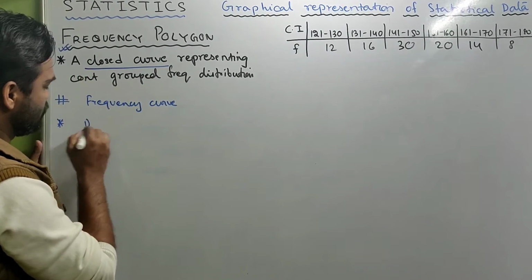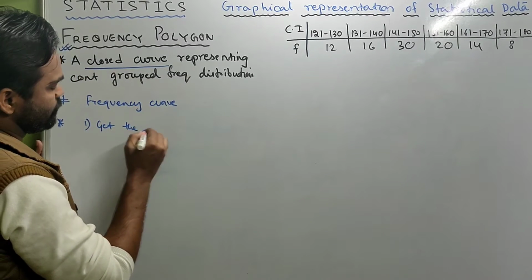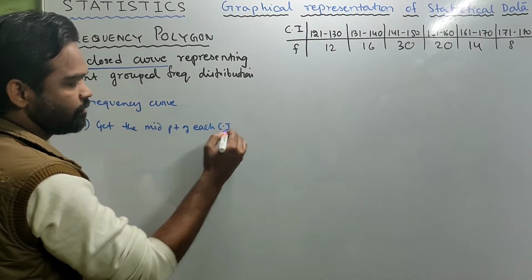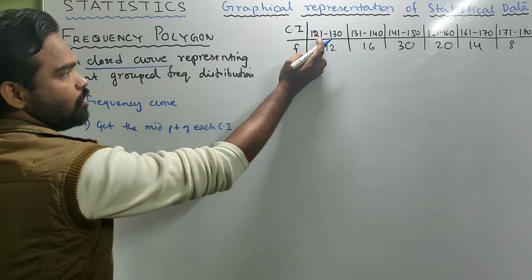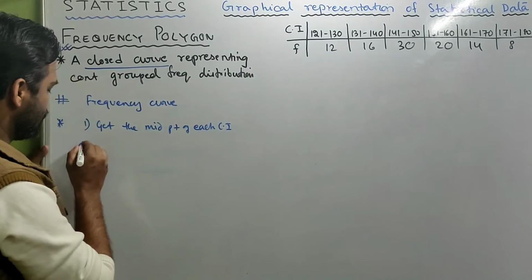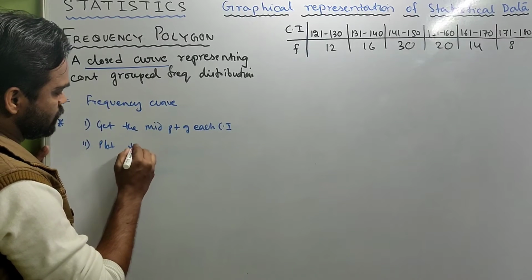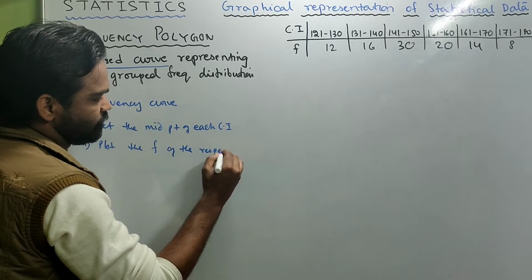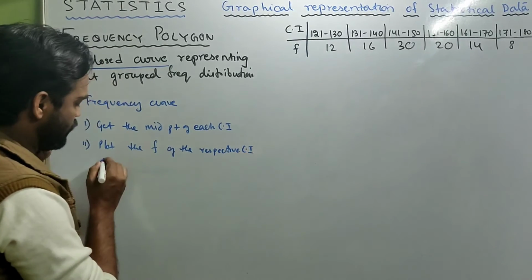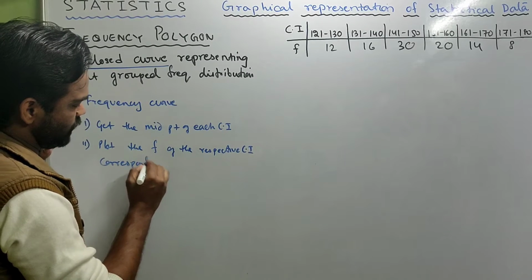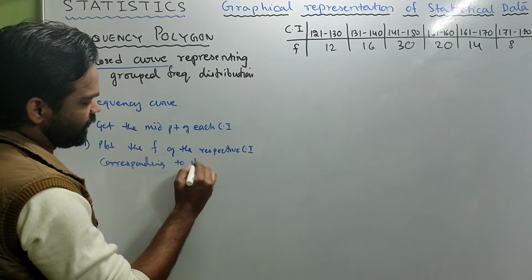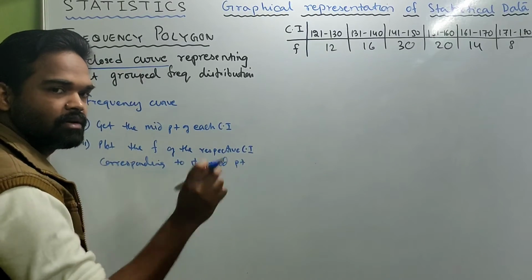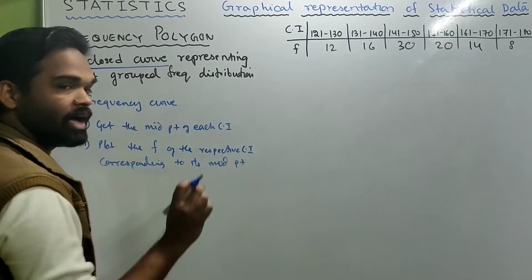First step, get the midpoint of each class interval, that is, lower limit plus upper limit divided by 2. Then plot the frequency of the respective class interval corresponding to its midpoint. So at the midpoint, you'll plot the frequency of each class interval.